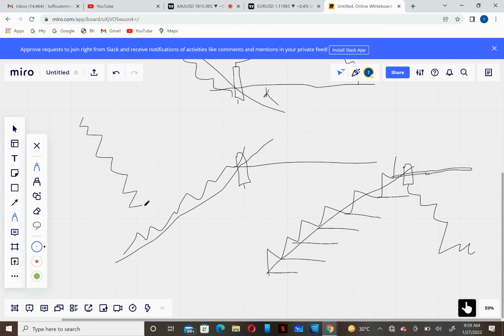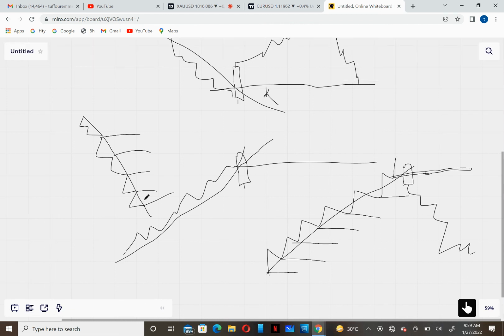So we have a downtrend now. This is our trend line. You can see we have the lower highs there. So we're expecting a candle closing above the lower high.